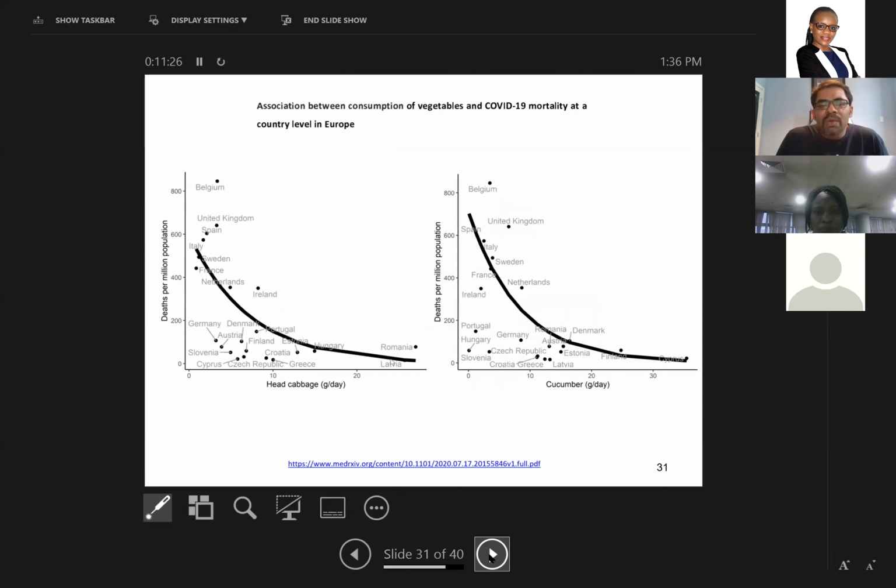And the last straw was this garbage study published a week ago on cabbage and cucumber consumption, right? Imagine, the number of cabbages eaten or cucumbers consumed, and deaths due to COVID, right? And they're saying, oh, countries that eat a lot of cabbage and cucumber have lower rates of COVID mortality.